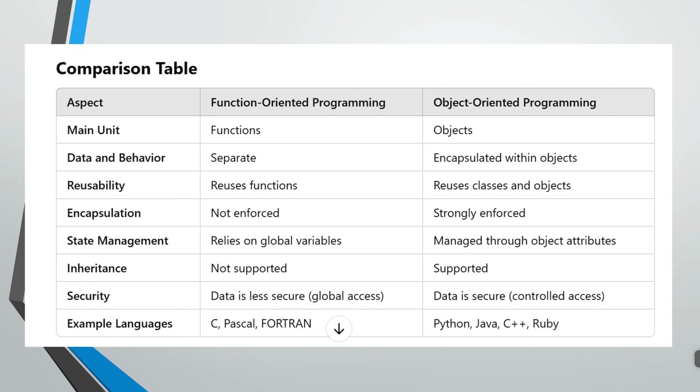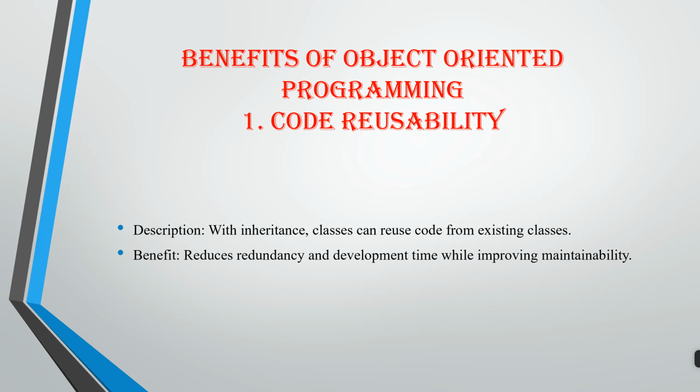Even all object oriented programming languages strongly support function oriented concepts, but function oriented programming languages do not support object oriented concepts. So these are the major differences we observe between function oriented and object oriented languages.